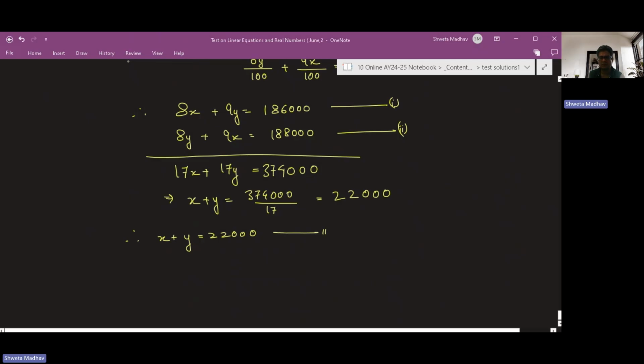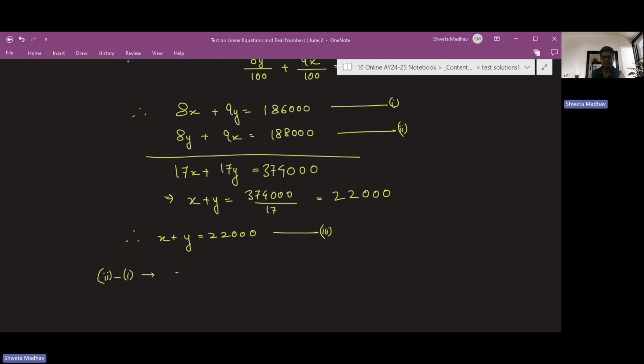So this is our equation 3. And if we subtract, second equation minus the first equation, then we will get 9x minus 8x, that is x, and 8y minus 9y, that is minus y, equal to 2000. This is our equation 4.